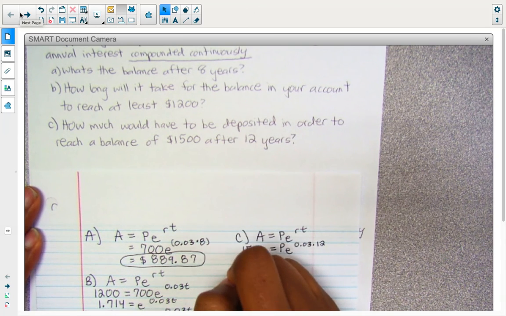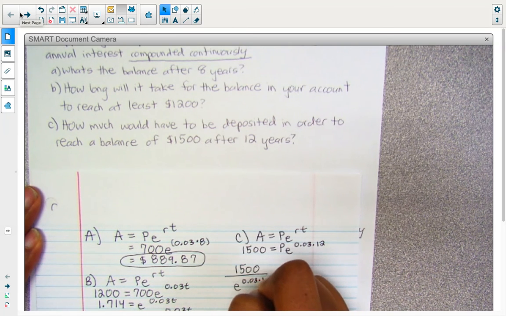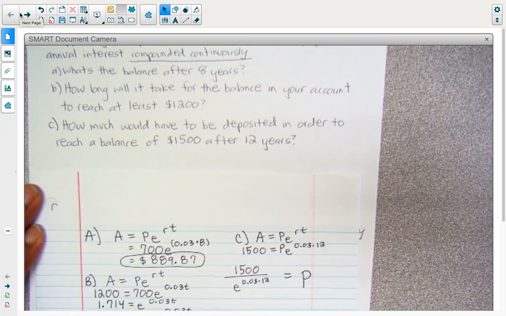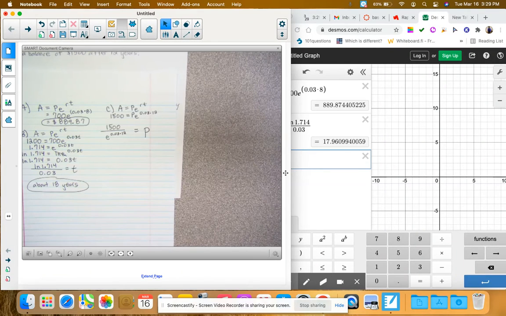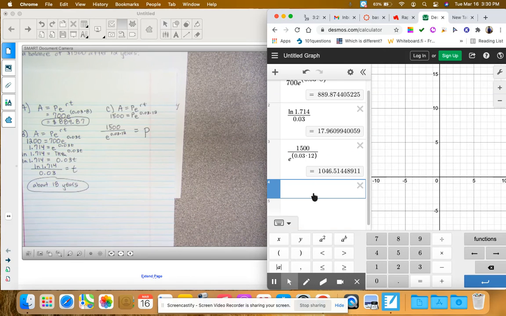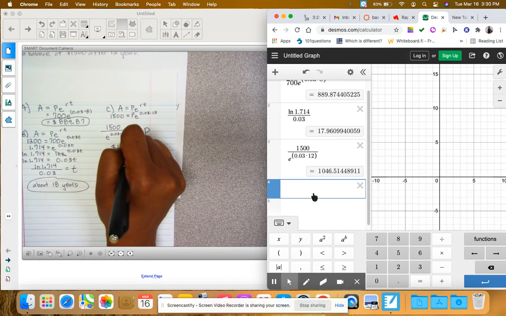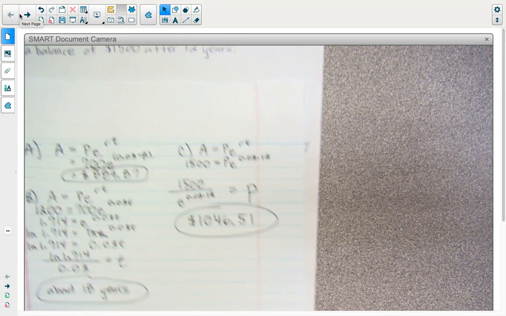So in Desmos, we can type in 1,500 divided by E to the following number, and that'll give us P. So I'm going to type that into Desmos. 1,500 divided by E to the 0.03 times 12 years. And I got $1,046.51 as our answer.